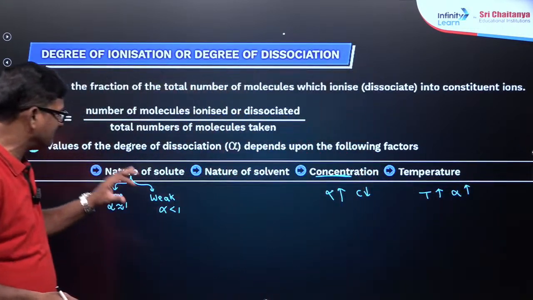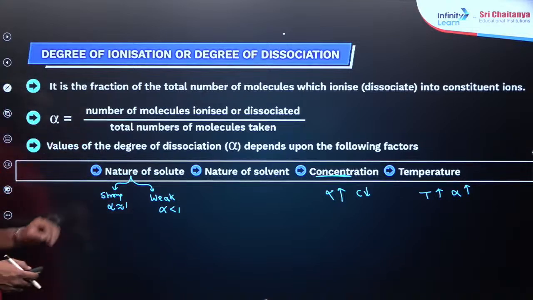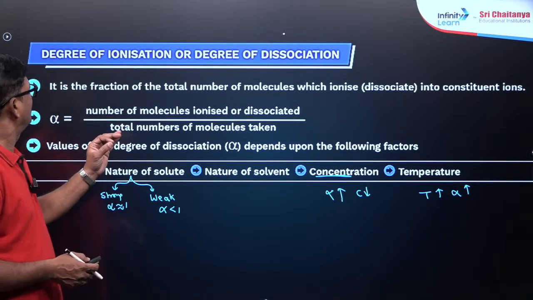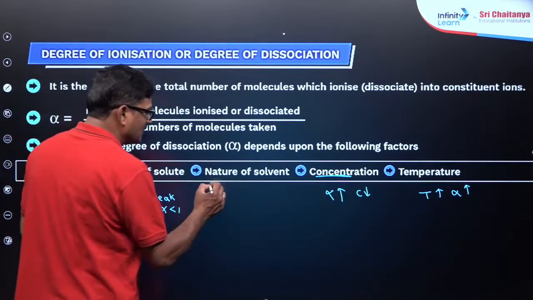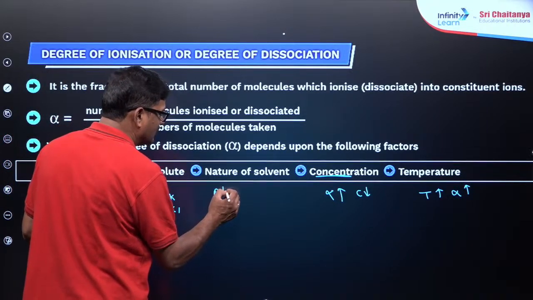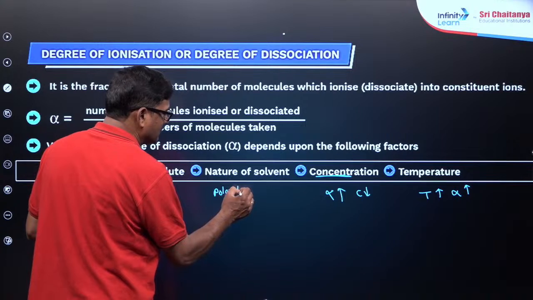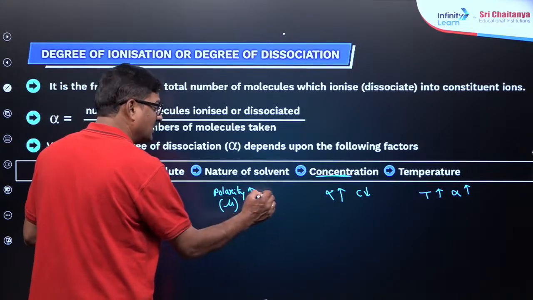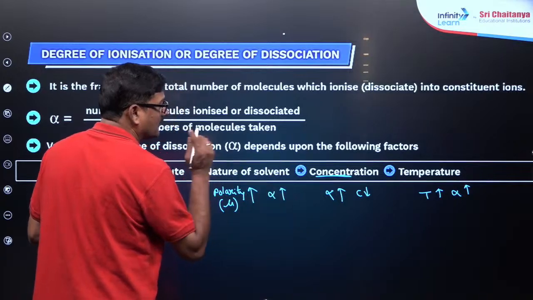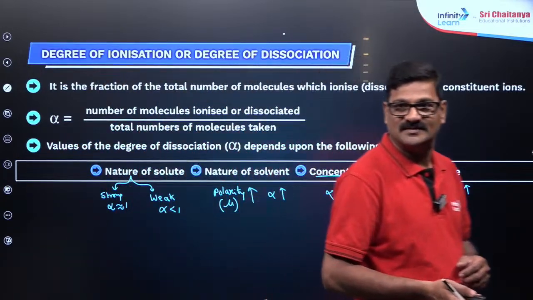Understand? These are the various factors that affect the degree of ionization. So as polarity of the solvent increases, meaning its dipole moment is higher, alpha will also be higher. Understand? Clear?